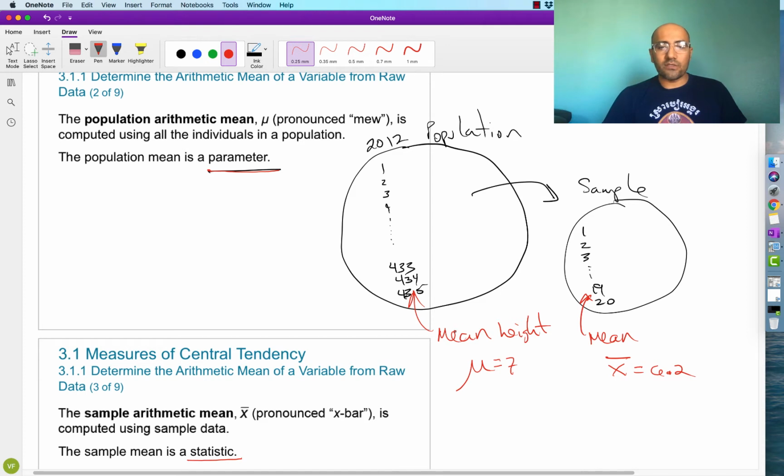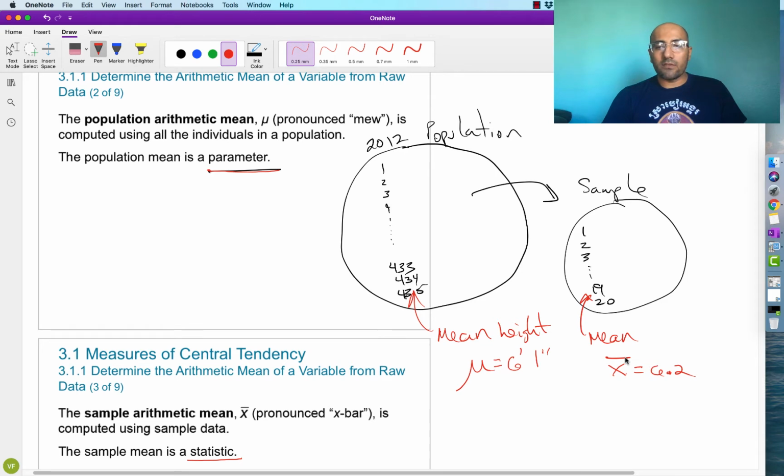So that's interesting. So let's say we find the mean height of all the congressmen and women in the year 2012. And I'm just making up numbers here to prove a point. Let's say that mean height is, I'm just making up stuff, let's say it's 6'1", 6 feet 1 inch.